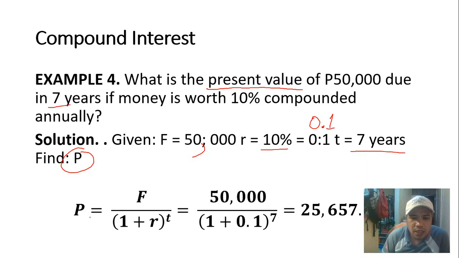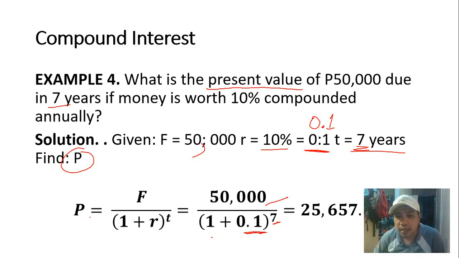So P is equal to F over 1 plus R raised to T, equal to 50,000 over 1 plus 0.1 raised to 7. So that gives us 25,657.91 as the principal amount.